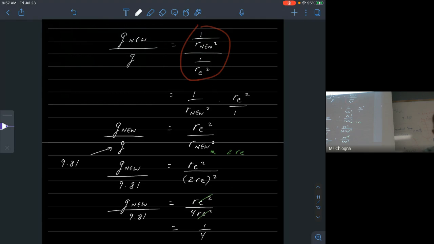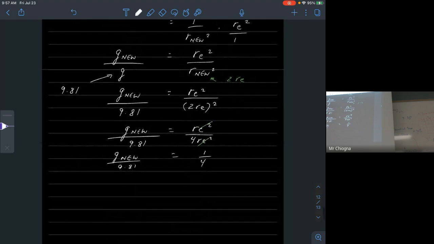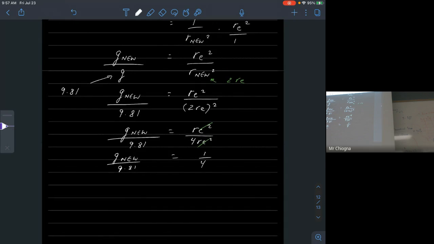You just reduce it to 1/4. A quarter of the old. Divide by 4.